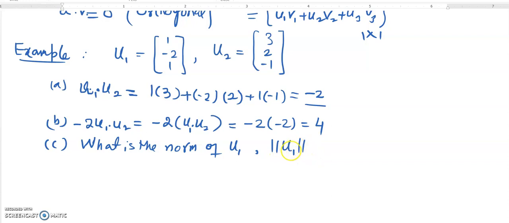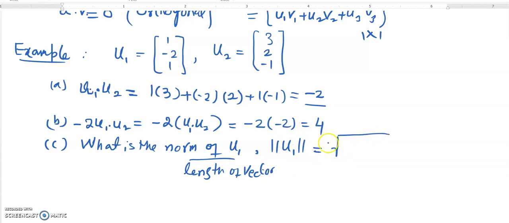The norm of u1 is actually the same as the length of the vector. And the length of a vector is defined by this formula.